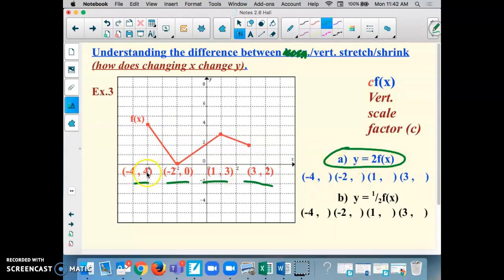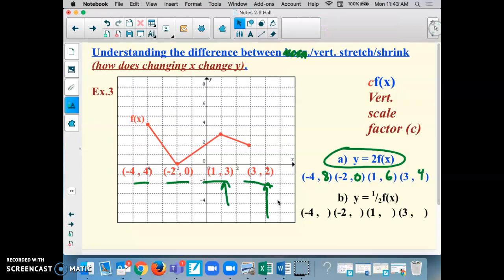I have 4 here. 4 times 2 would give me 8. Again, this 2 value is multiplied to the entire function. It's multiplied by the y value here, here, and here, and I should get 0. 2 times 3 gives me 6. And 2 times 2 will give me 4.